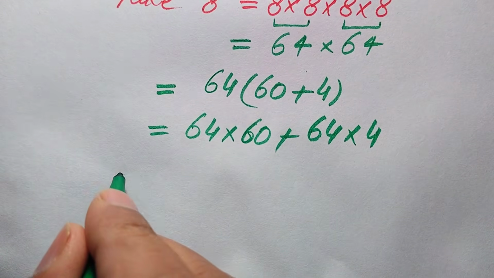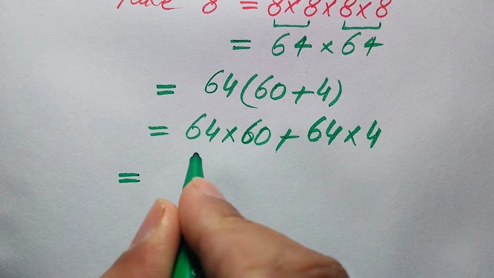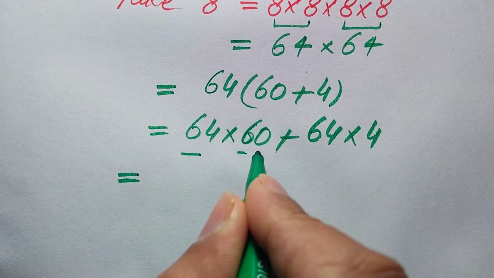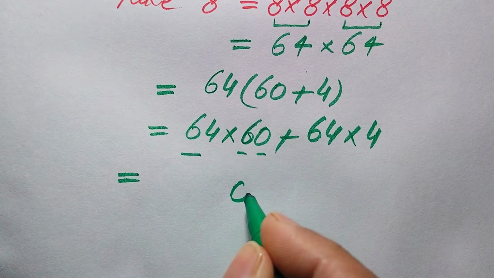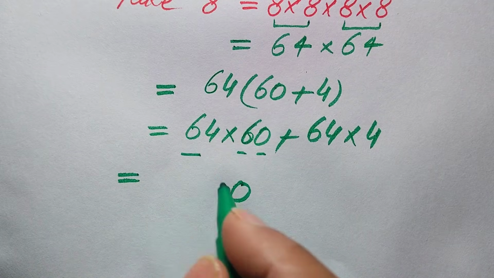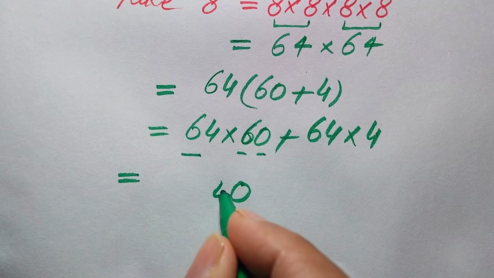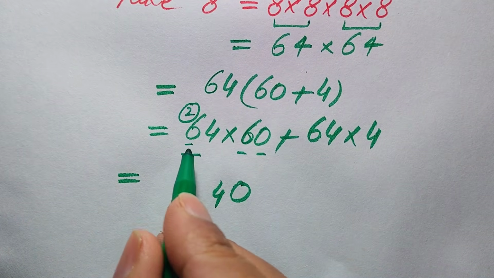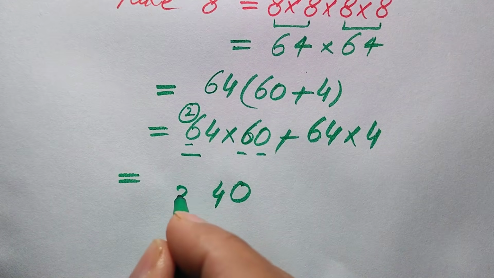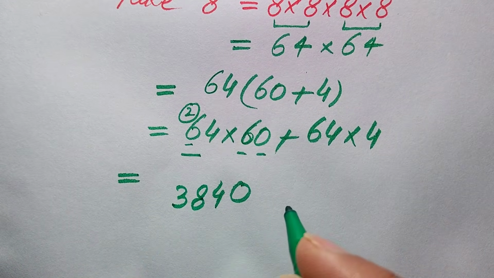And here we need to multiply these two numbers. We consider this a one digit number and this a two digit number. So we multiply 0 with this complete number, we get 0, and we multiply 6 with this number: 6 fours are 24, we write 4 and carry 2. 6 sixes are 36, 36 plus 2 becomes 38.